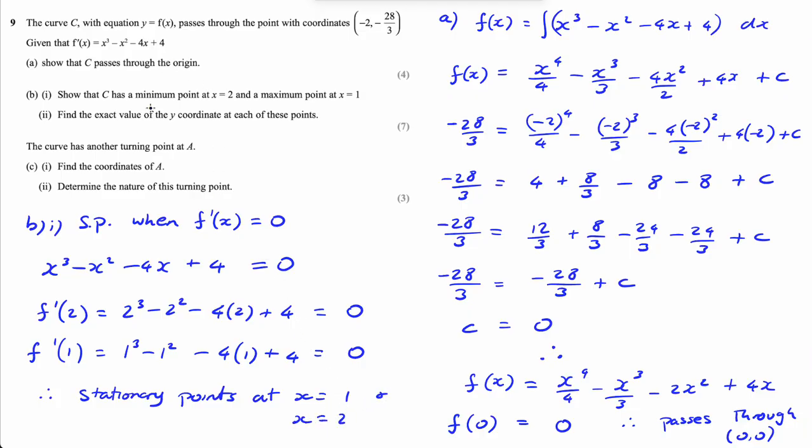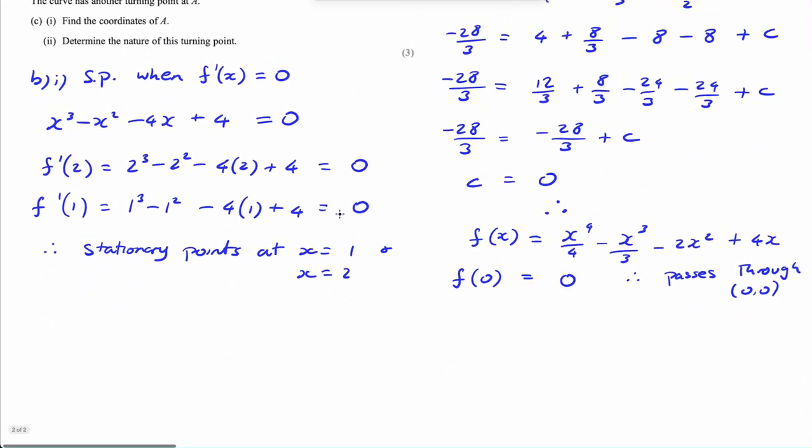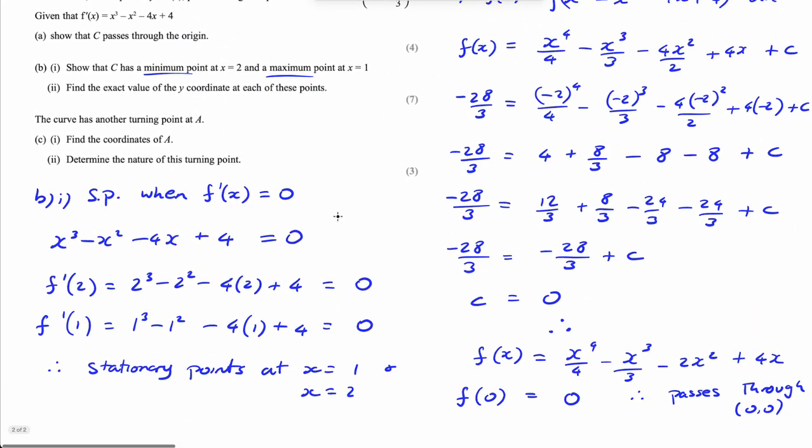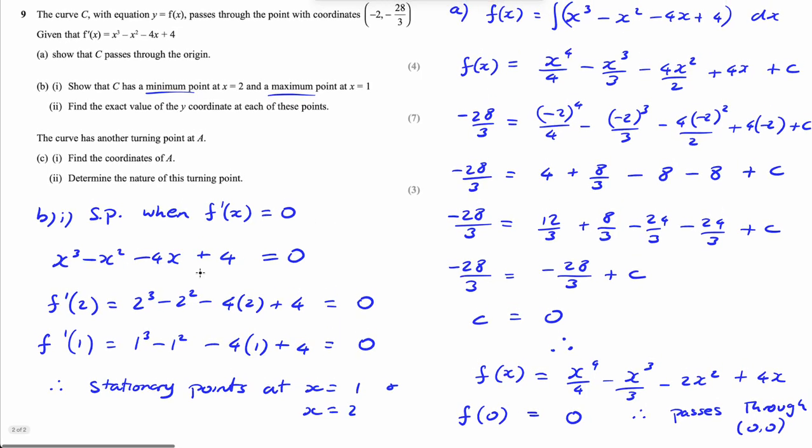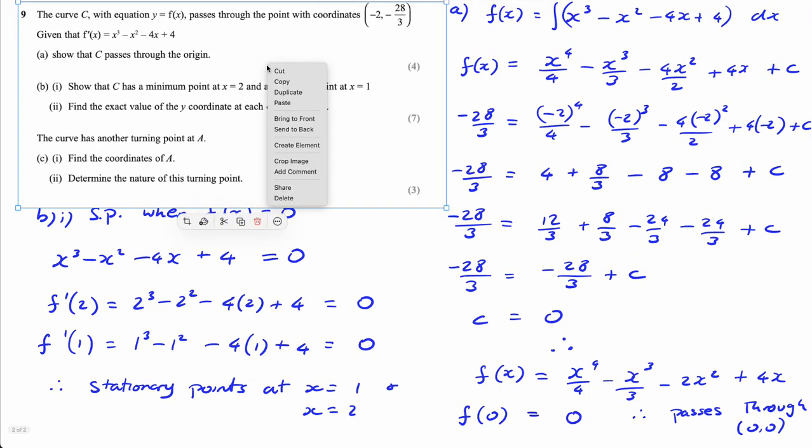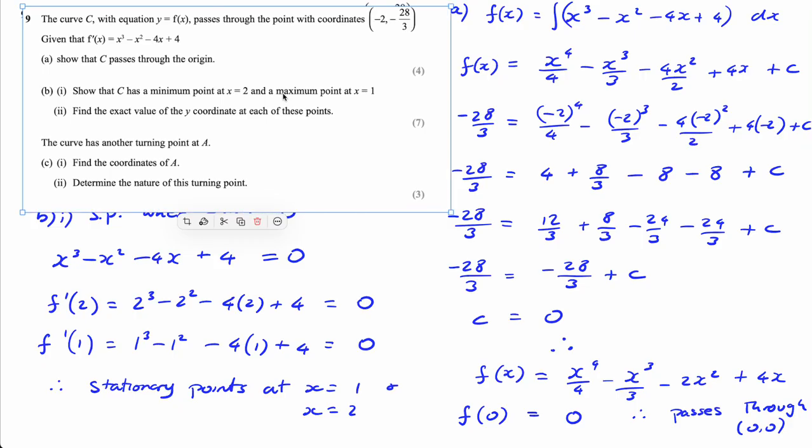But he wants us to show that it's a minimum at 2 and a maximum at 1. Okay, in order to show it's a max or a min, I need to get the second derivative.